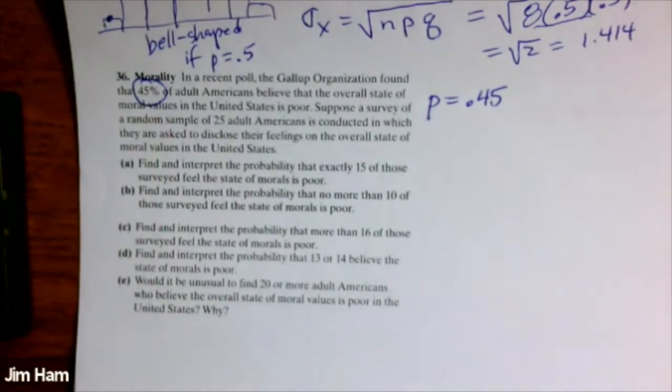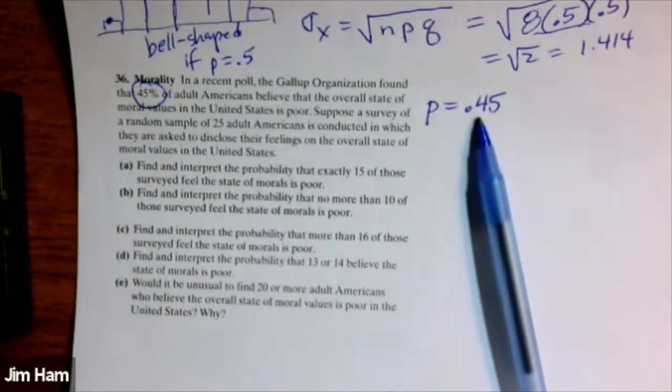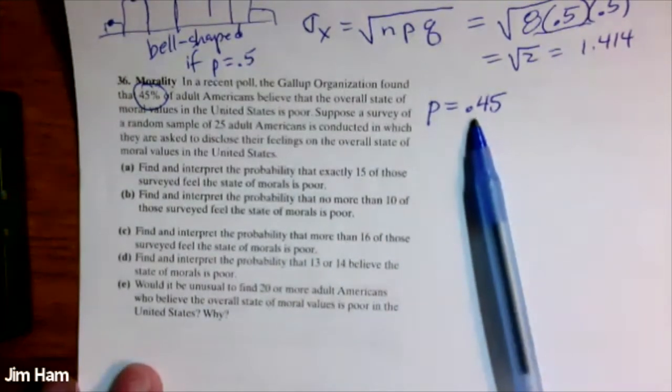Since 45% of the entire population think that we have a lack of moral values, if we randomly select from the general population, the probability that each individual person selected would say, yeah, we have moral issues in this country, would be 0.45. We're going to assume that this is an independent selection because there are so many Americans.